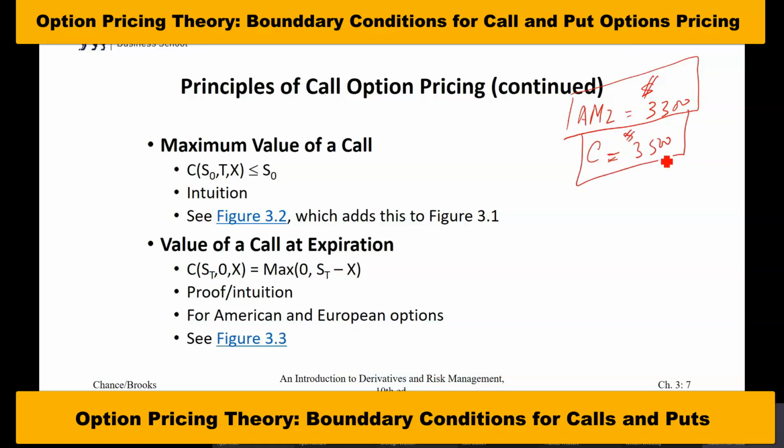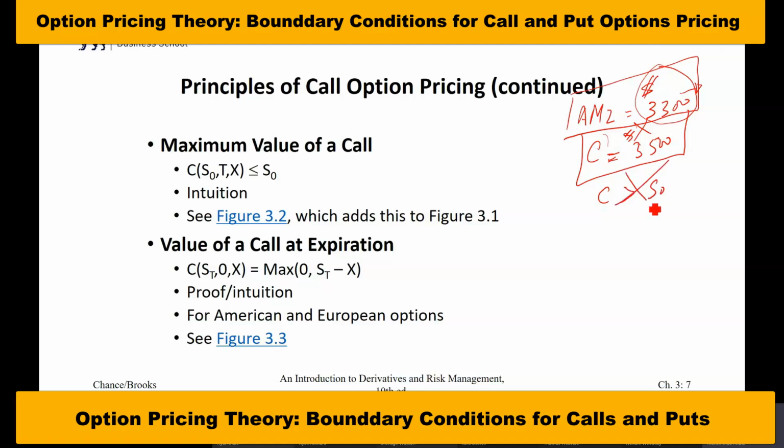Why? I want to buy Amazon for a price that I fix today. So if I fix a price of $3,500 and pay the price of $3,500 to buy the call, why not buy straight away the underlying at $3,300?